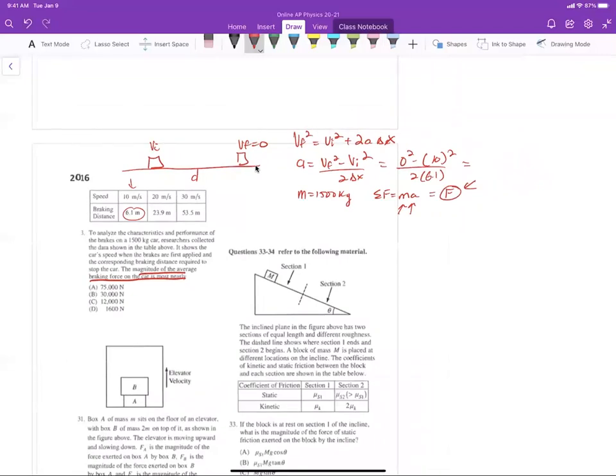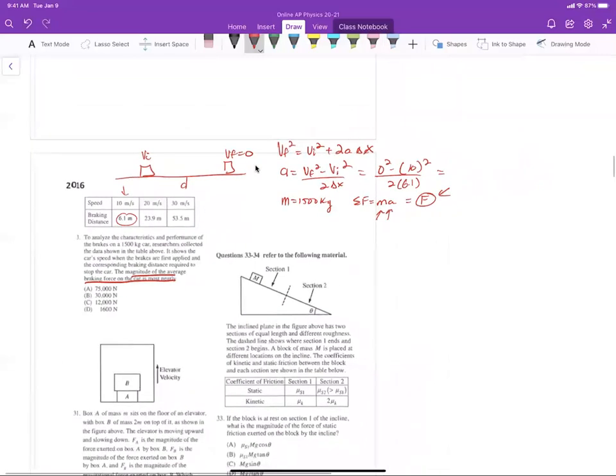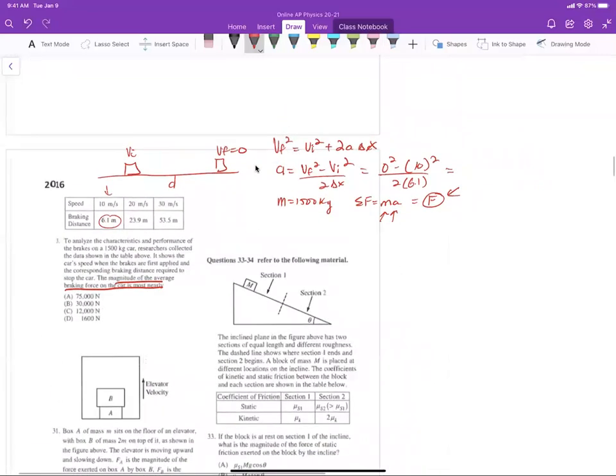That's one way. The other way is that we know there's work being done by the braking force. It's changing the kinetic energy. The final kinetic energy is 0, and the initial kinetic energy is 1/2 the mass times the initial velocity squared. What is work equal to? The force that they're asking for times distance.